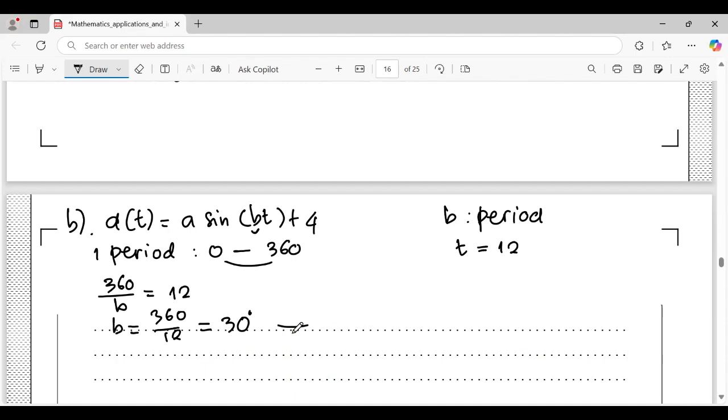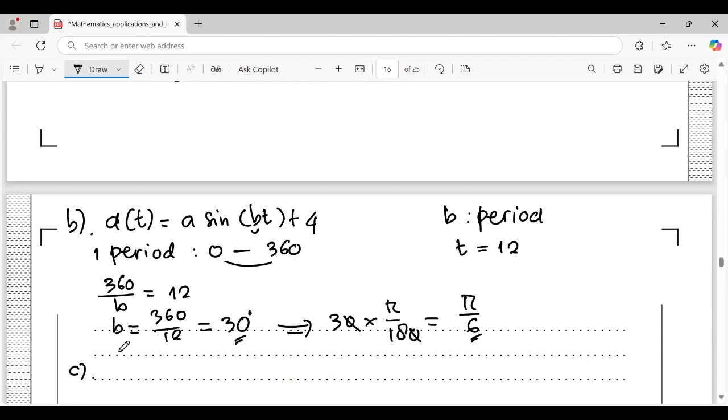We can convert 30 degrees into radians: 30 times pi over 180 becomes pi over 6 in radians.